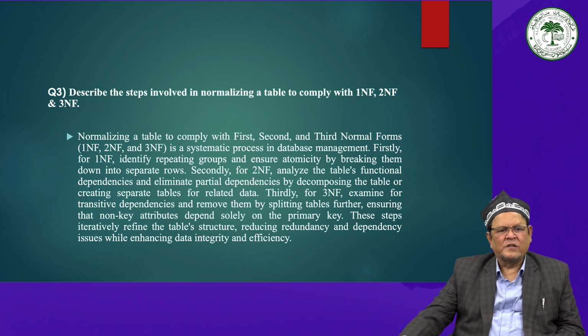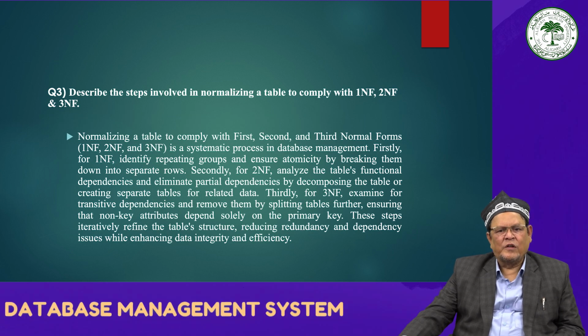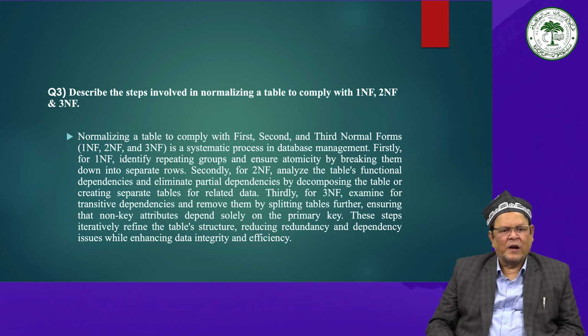The third question was: describe the steps involved in normalizing a table to comply with first, second, and third normal form. The answer is: normalizing a table to comply with first, second, and third normal form is a systematic process. Firstly, for first normal form, identify repeating groups or ensure atomicity by breaking them down into separate rows.